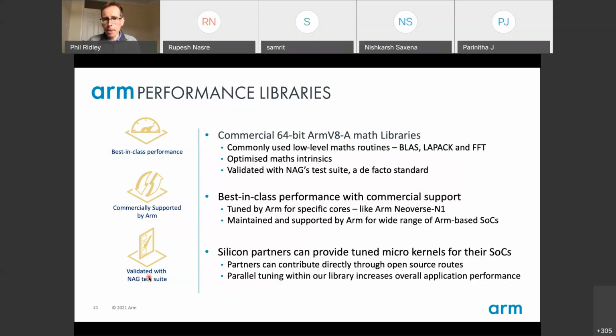Basically, you can take a variant of this for whichever particular architecture you're using. So if you're using a processor based on the ARM Neoverse N1, then you would take that variant of this library. And they're very easy to use. They're just a library, so you just link them against your code, and the executable should then bring in these optimized versions.